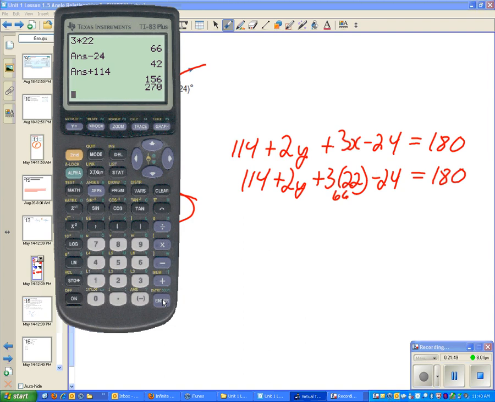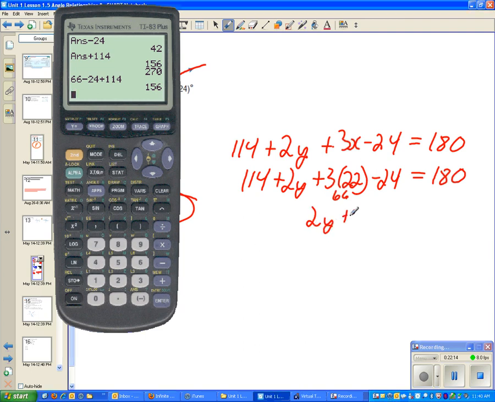So I went 66, subtract 24, add 114. All right, 156. So I've got 2y plus 156 equals 180.